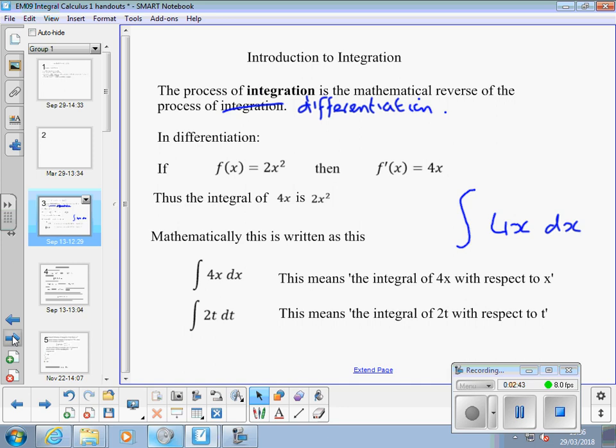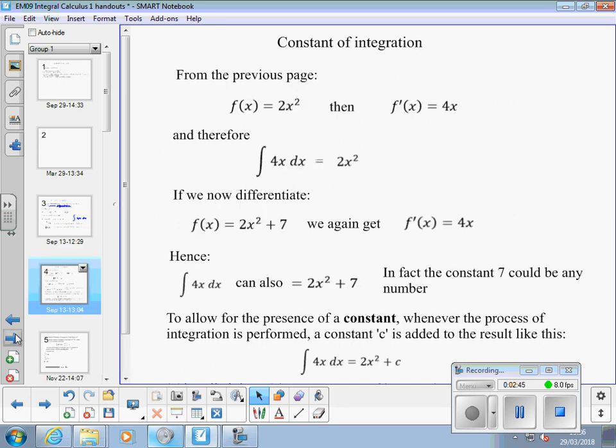On the next slide, from the previous page, we know that if a function of x is 2x squared, then the first differential is 4x, and therefore the integral of 4x is 2x squared. Now look at this. If we differentiate 2x squared plus 7, we still end up with 4x. The constant disappeared.